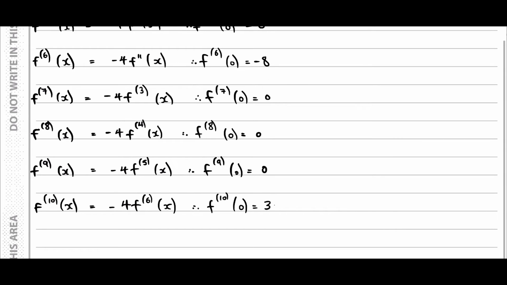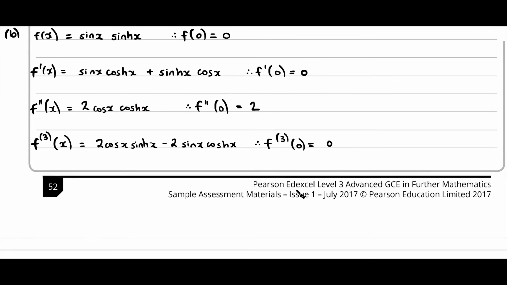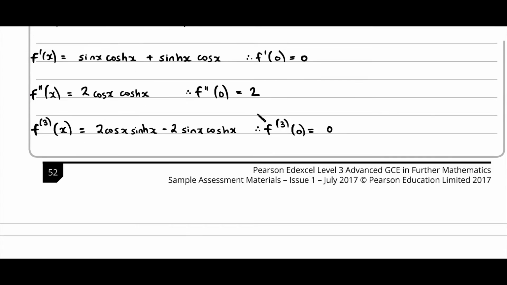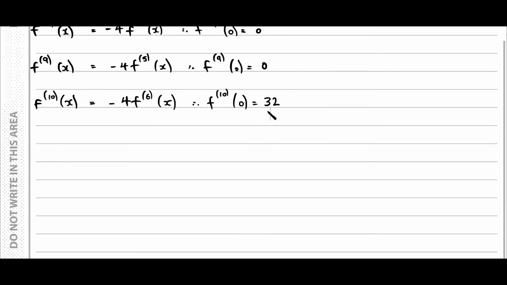Our first three non-zero terms are 2, minus 8, and 32. And if we use the formula for the Maclaurin series, first of all, we would have to recognize in this question the second, the sixth, and the 10th, etc. derivatives give a non-zero term.